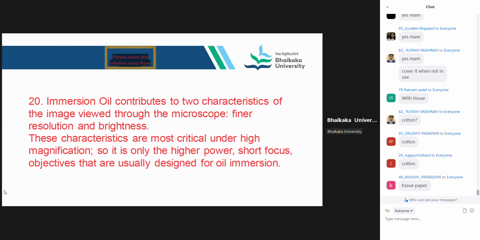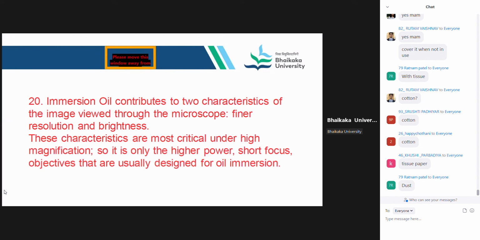Why do you need to cover it? To avoid dust. And when you are shifting a microscope from one table to another, please see that with one hand you hold the handle and with the other hand you hold the base, so that there is no tilting of the microscope and you carry it in a horizontal manner.